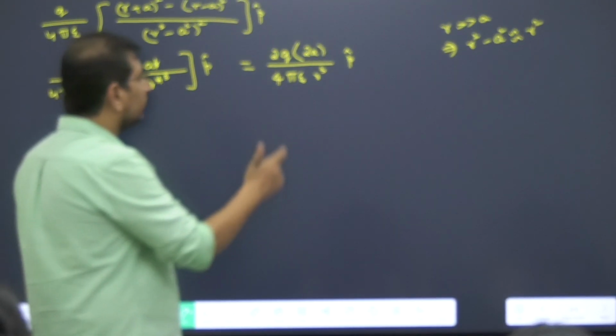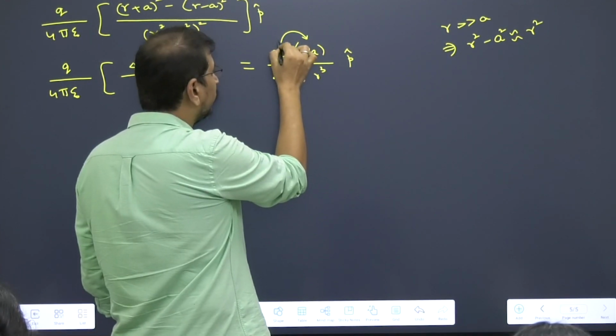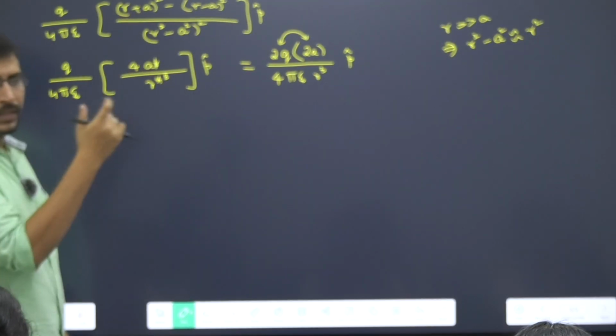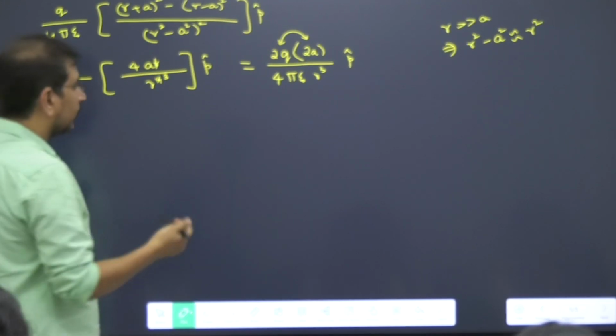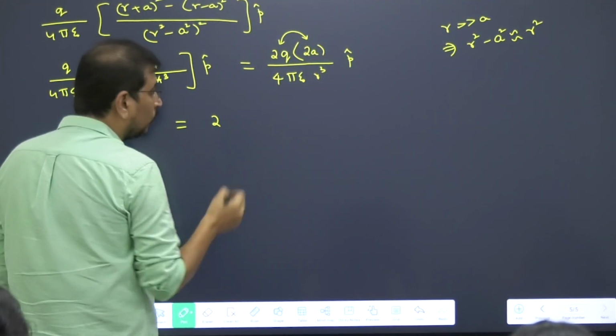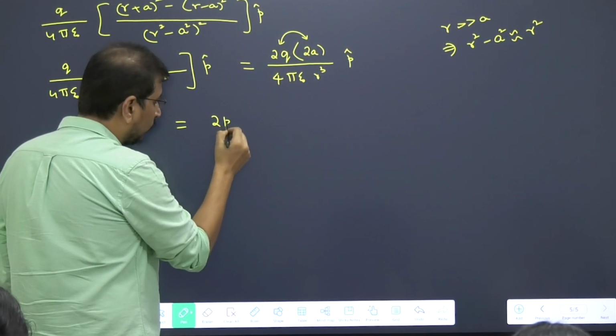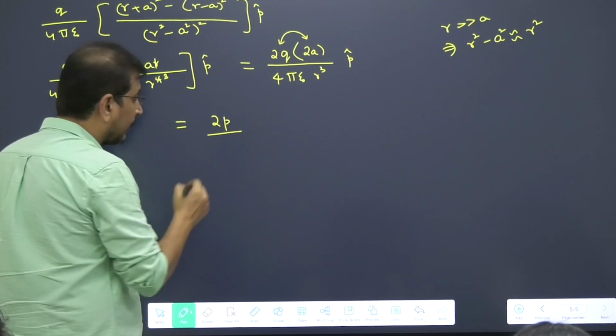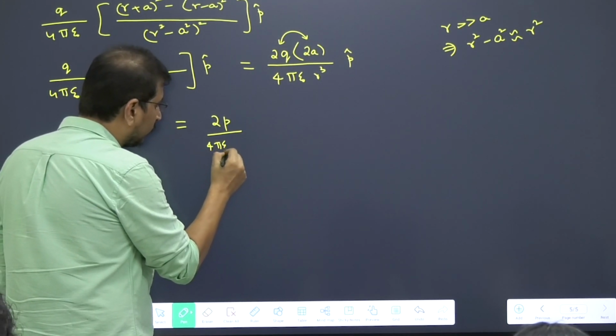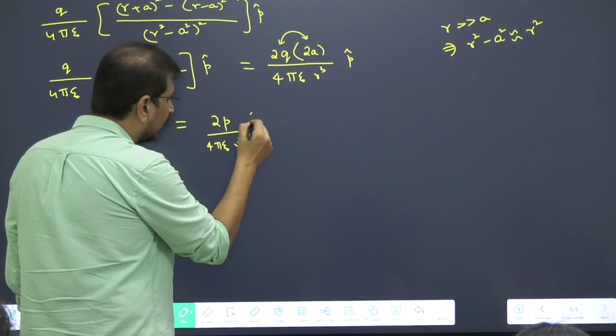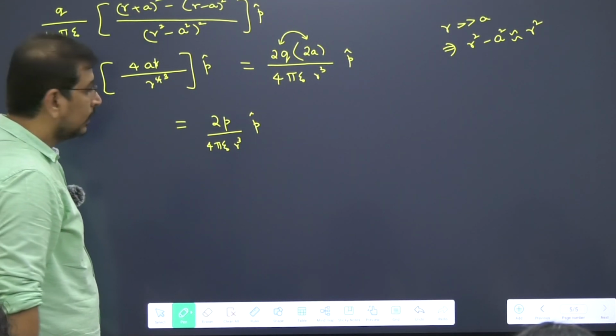Right. So this q into 2a is going to give us what? We can condense and write it as another value. What is it? It's called the dipole moment. So I will write this as 2 times the dipole moment divided by 4 pi epsilon naught r³ times p cap, right?